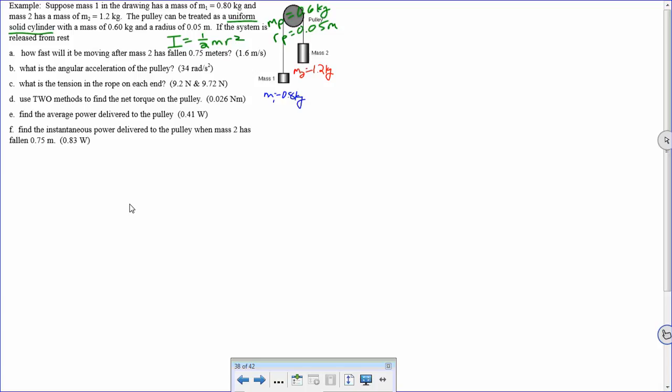So, question? Why do you need the inertia? Because how much and how quickly that pulley turns is going to be dependent on its rotational inertia, in the same way that how quickly these masses fall is dependent on their masses.